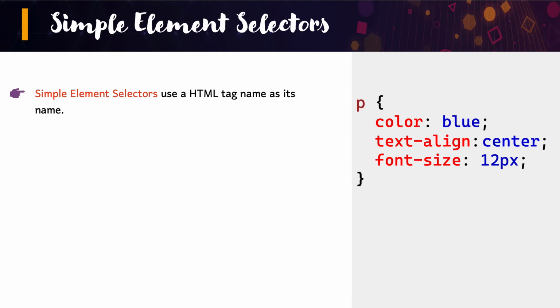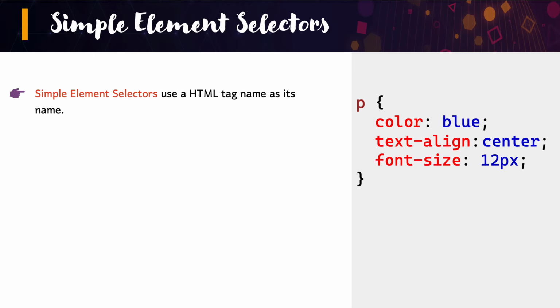The first one is the simple element selector. You can see the example on the right hand side on the screen. This is the same example that we have seen a few minutes ago for the paragraph, or the P, and it says blue color, center aligned text, and 12 pixel font size. Here we are referring to P. What is P?